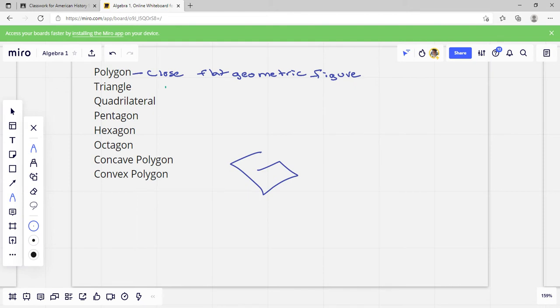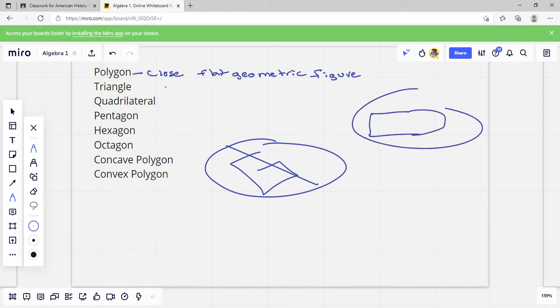If we added an extra line, then we could make it closed. That would not be a polygon. So this one is not a polygon. Okay. If it has a rounded side, so the sides have to be straight lines. If we've got a rounded side, then it's not a polygon. So that one's not a polygon because its side's rounded. It has to be straight lines and it has to be closed.